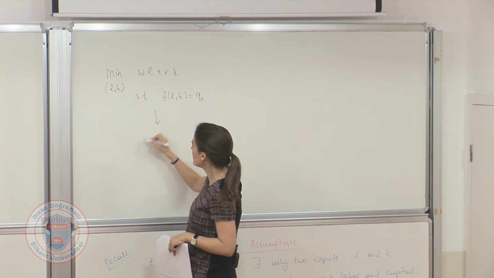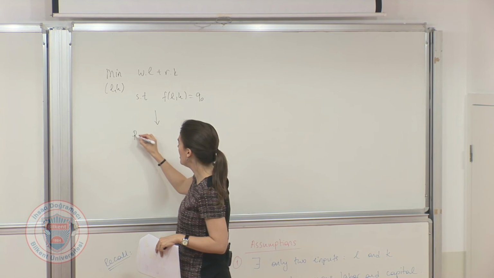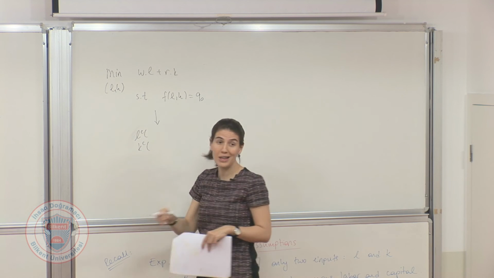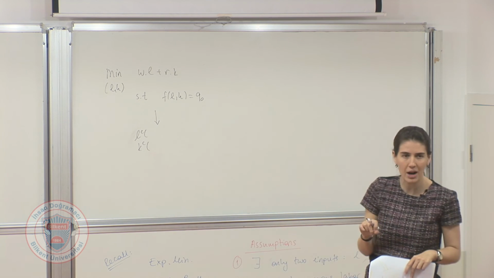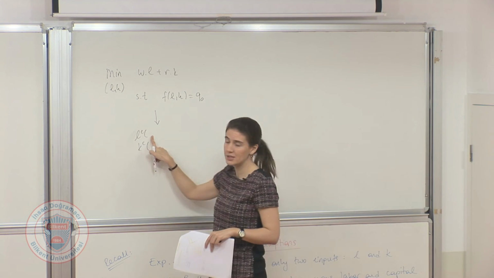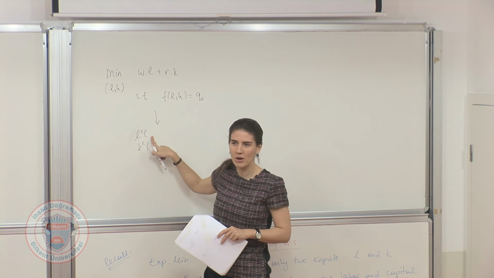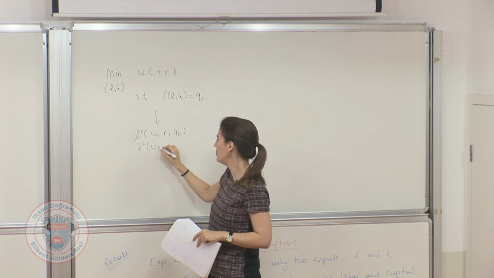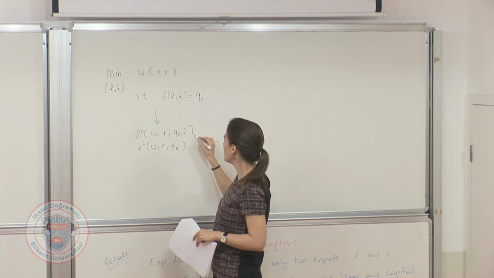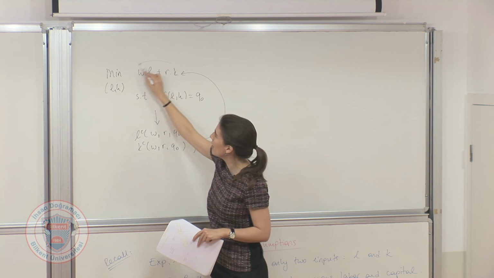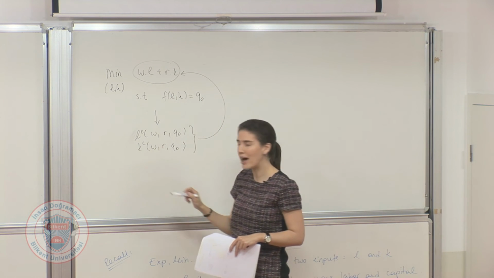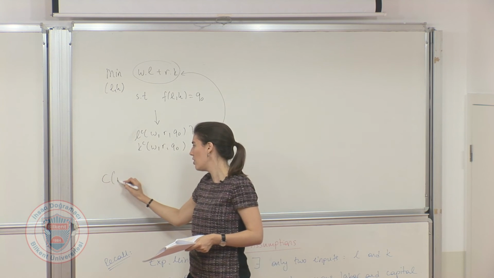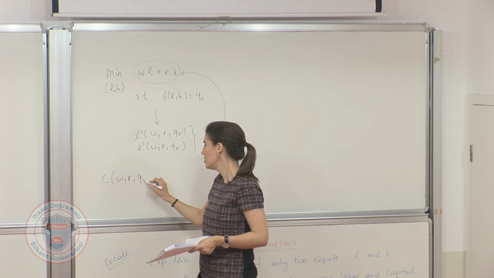When I solve this problem, I'm going to get my L^C and K^C, which we call conditional input demands. These are functions of what? L^C is a function of w, r, Q0. And when I plug these back into my objective function, I get my value function, which I call the cost, C of w, r, Q0.